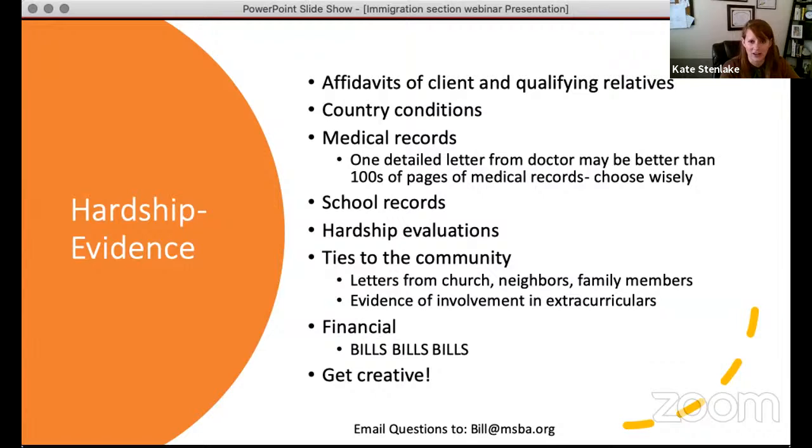You have to get creative and find a way to make it all tie in, but financial is almost always going to be a factor in these cases. So find a way to make it work.